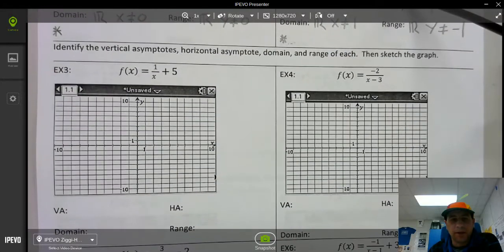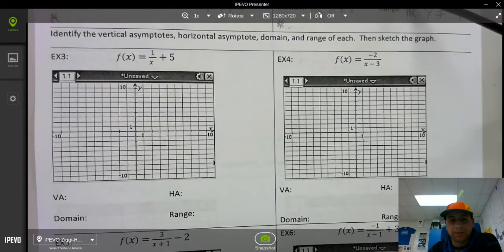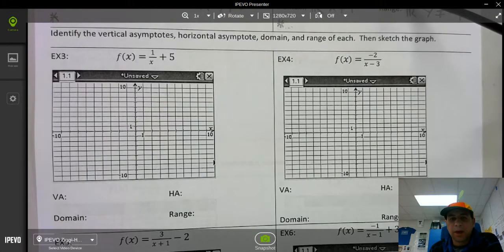All right, so let's look at example 3. Okay, now it says identify the vertical asymptotes, horizontal asymptotes, domain and range of each, then sketch the graph.